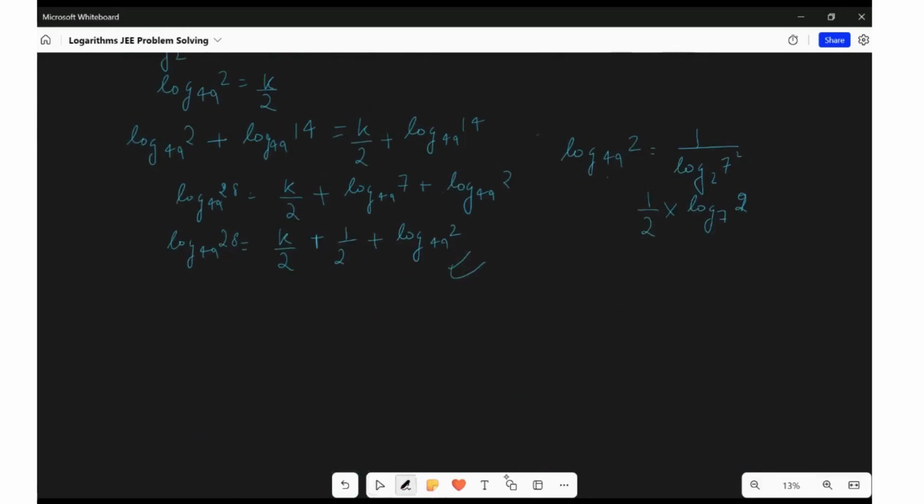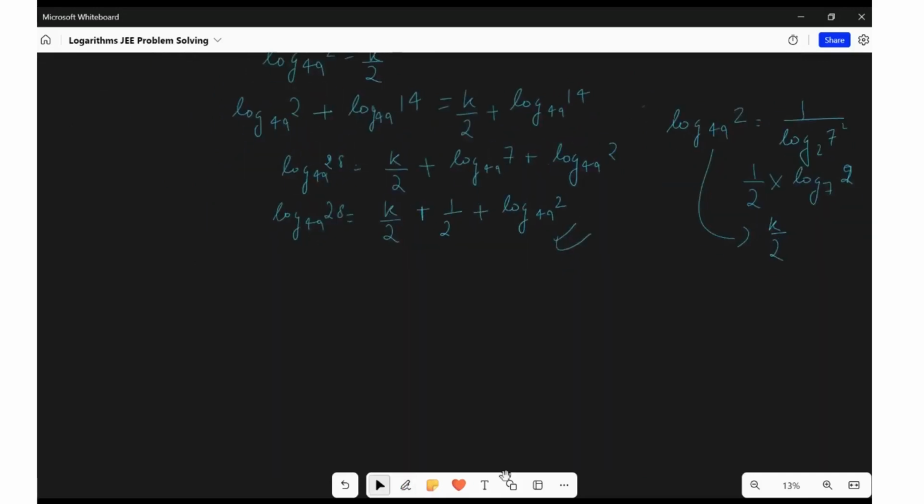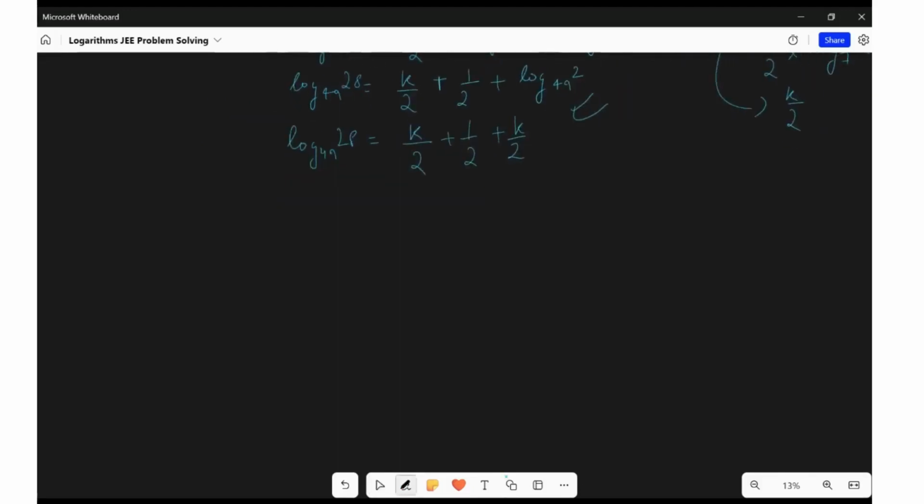So this can be written as k by 2. Now log 28 base 49 is equal to k by 2 plus half plus k by 2. So this becomes 2k plus 1 by 2. This is how we write log 28 base 49.